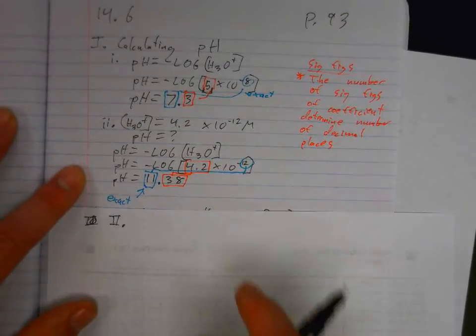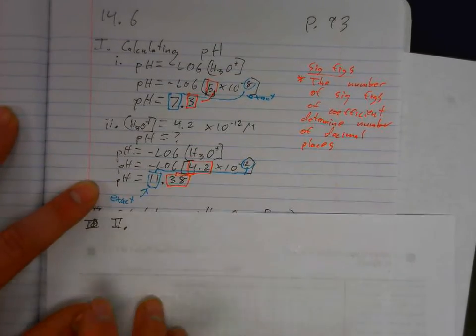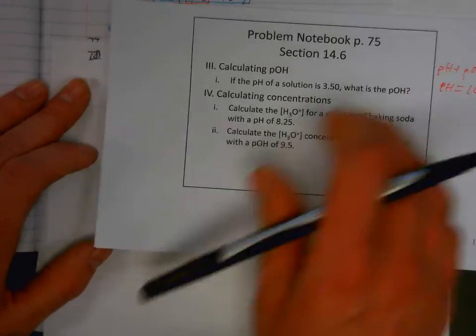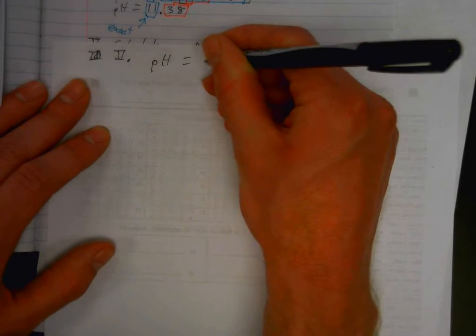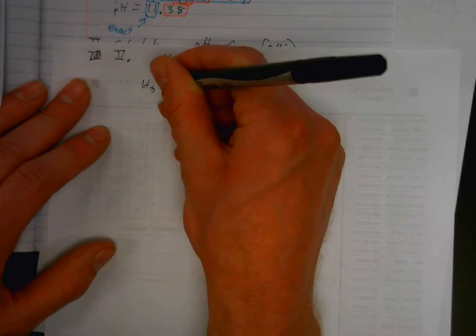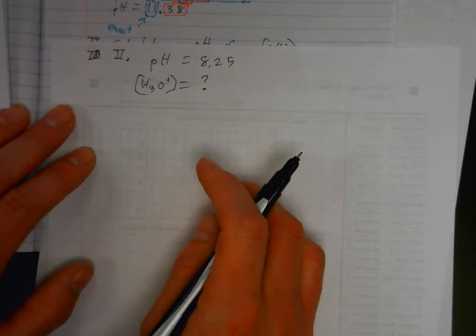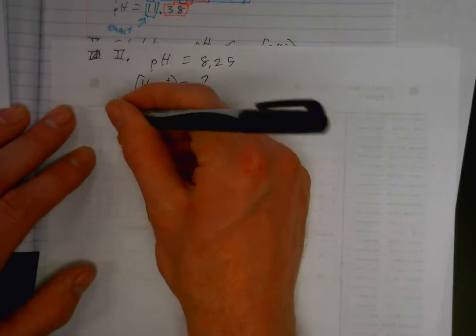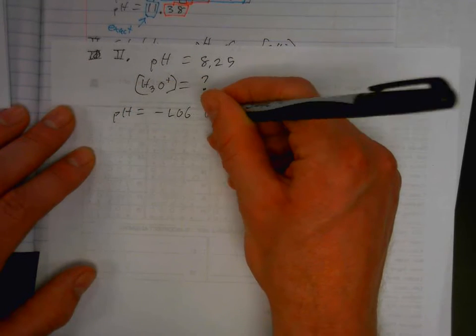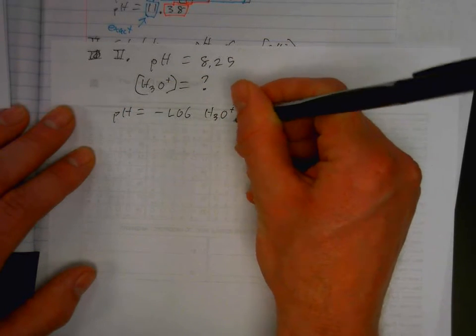So we can figure out the pH using the formula. We can also work the other direction, and we can find concentration, like in these examples. If we have a pH of 8.25 and we want to know the concentration, we just work in reverse. So the pH is the negative log of the hydronium ion concentration.